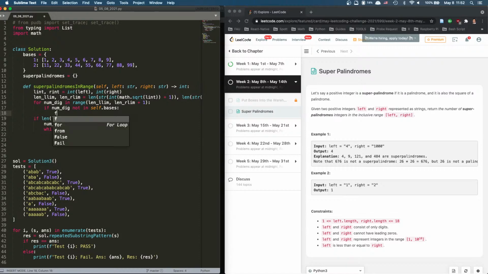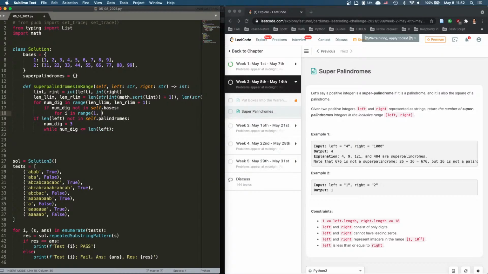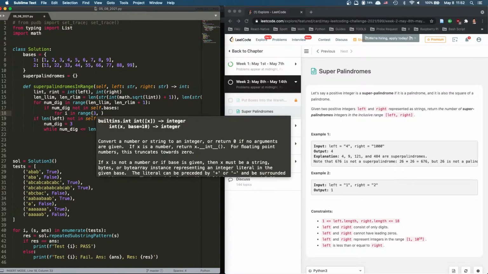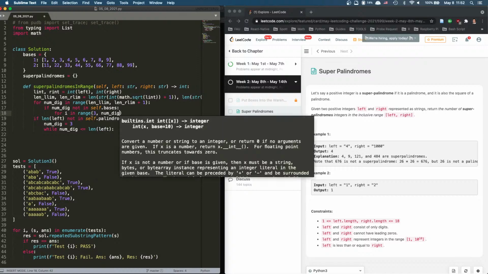So I'm going to say for i in range, it's actually not 1, 2, it's 3, because 1 and 2 are already there. So 3 to num digit plus 1.